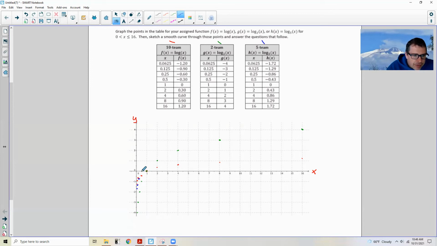And a half, negative 0.43, would be here. And at 1, 0, over 1 up 0 is here. Over 2 up 0.43 is right about there, over 4 up 0.86 is up here, and over 8 up 1.29 is approximately there.